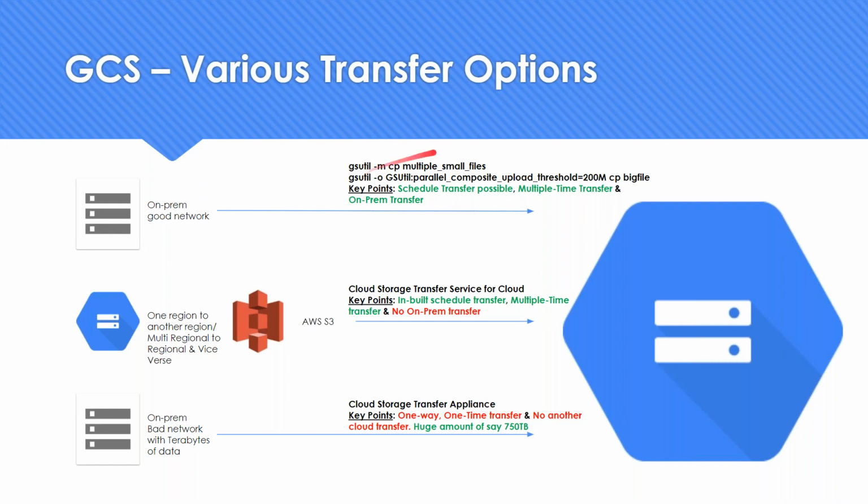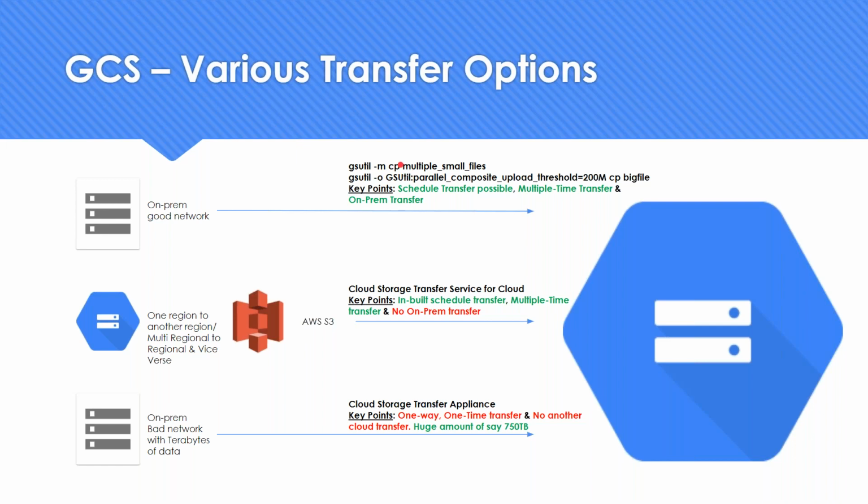So here, if I were to transfer n number of small files, we are going to use the -m option which I mentioned, multi-threading. Any command you want to multi-thread in Google Cloud Storage, you can use gsutil -m. gsutil -m ACL is what we had seen last week.